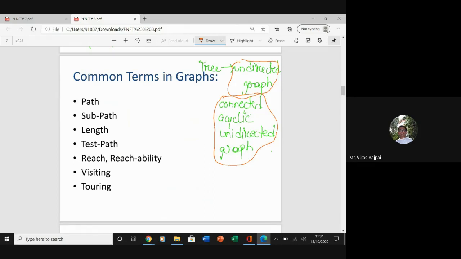What is a bipartite graph? Someone is going to answer. Go ahead.